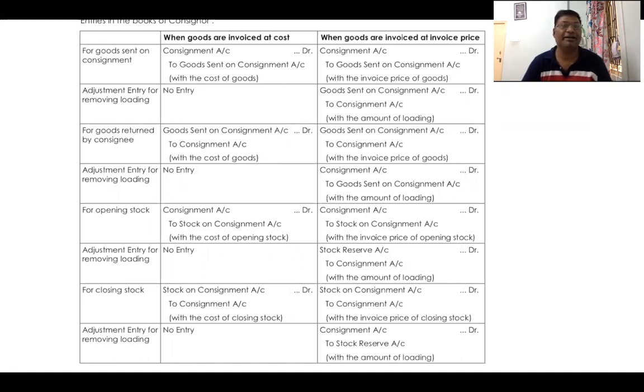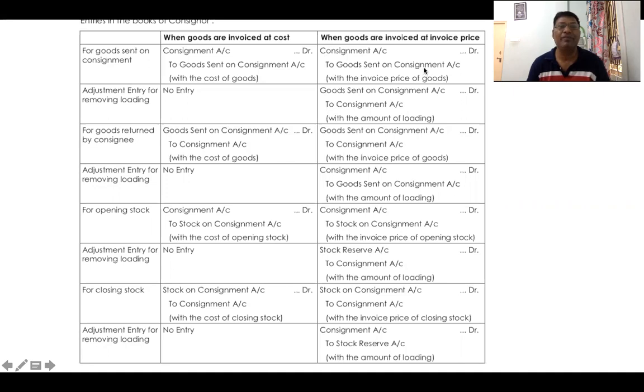Okay, look at this. For goods sent on consignment, the comparison between when goods are invoiced at cost and when goods are invoiced at invoice price. The first part is already discussed. The second part: when goods are sent on consignment, consignment account debit to goods sent on consignment.